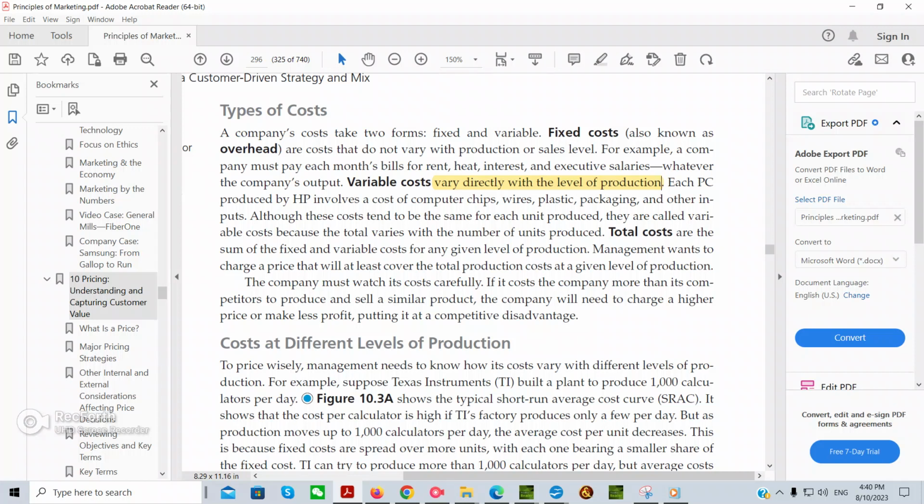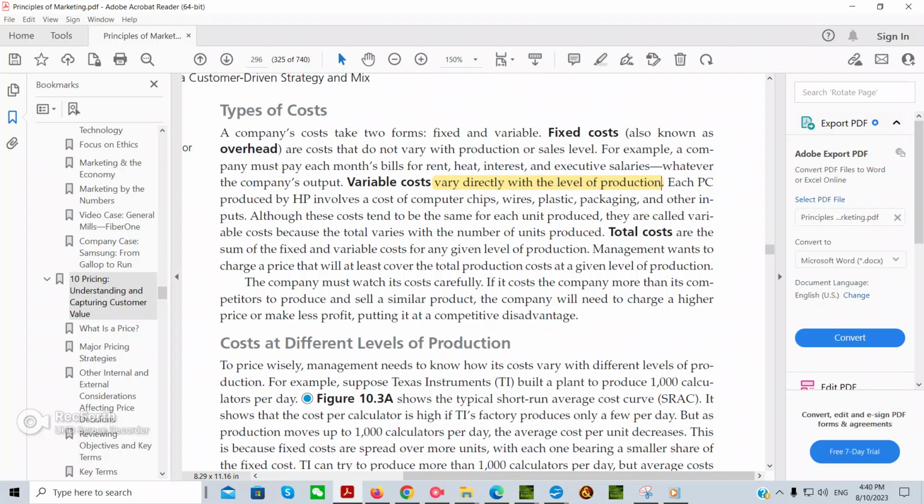Now the total costs are the sum of the fixed and variable costs for any given level of production. The fixed cost would be your overhead, basically utilities and salary. For the most part, that's going to be almost the same amount.